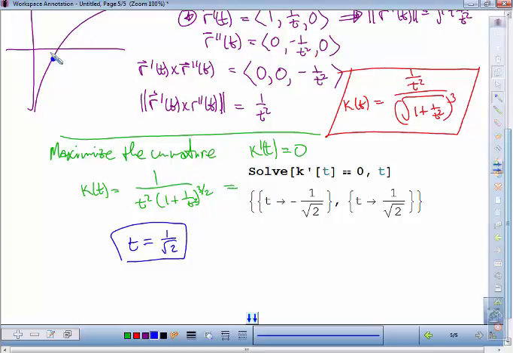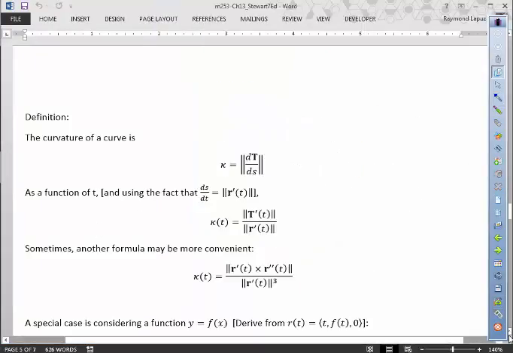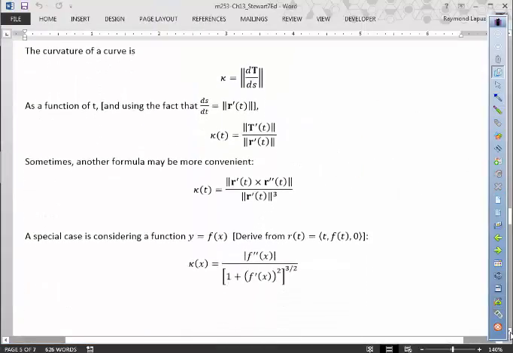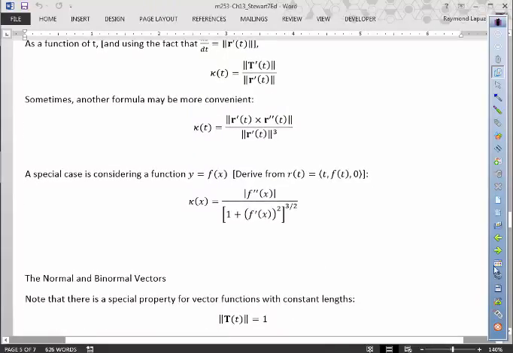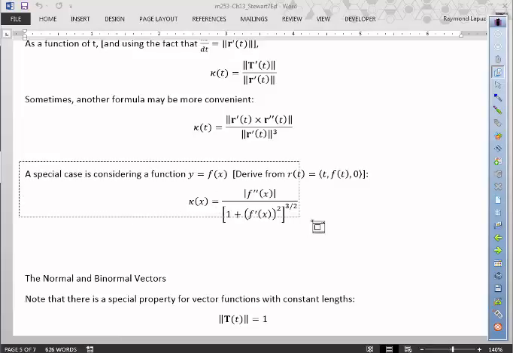All right, questions? So this is the formula that we actually could have used if we have this special case.